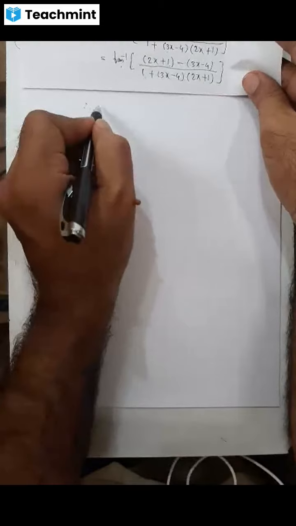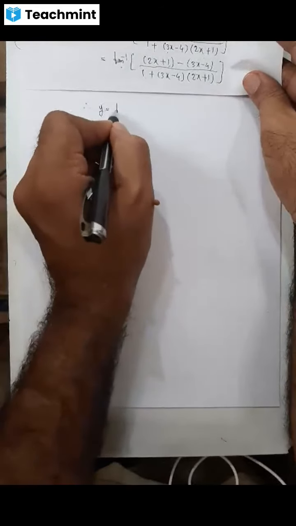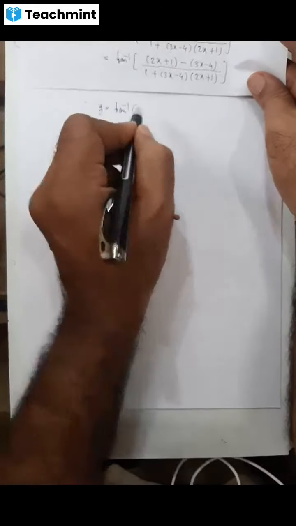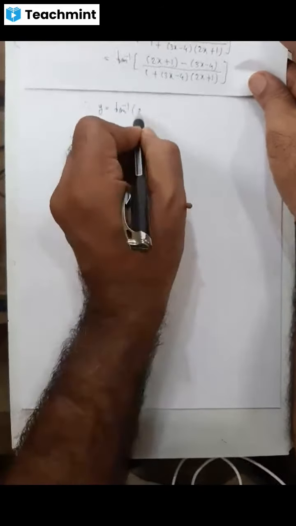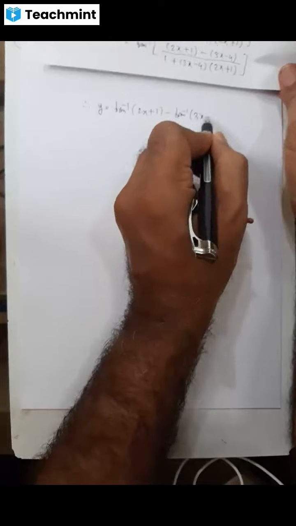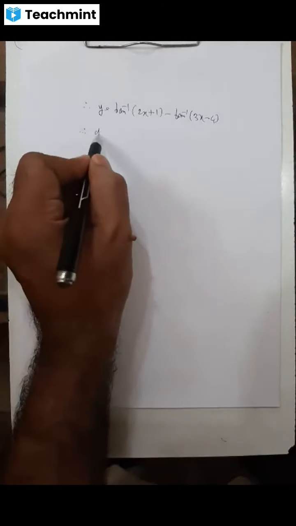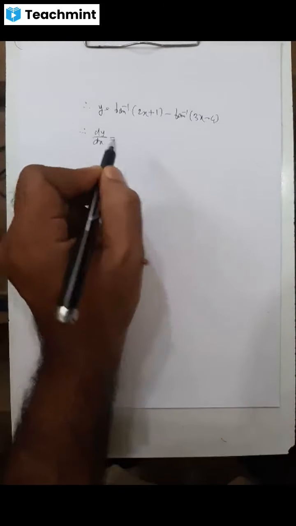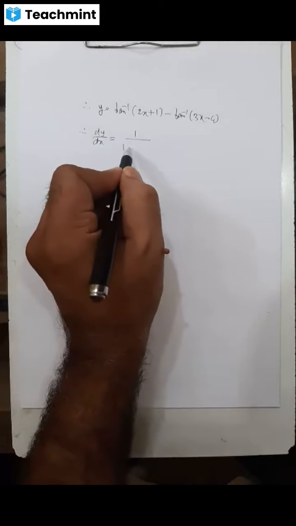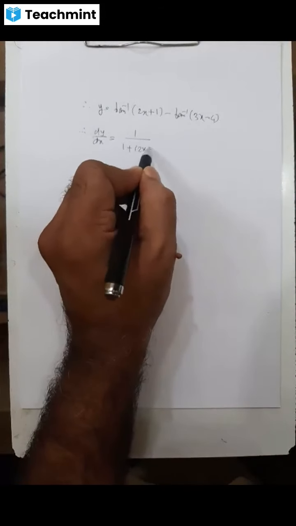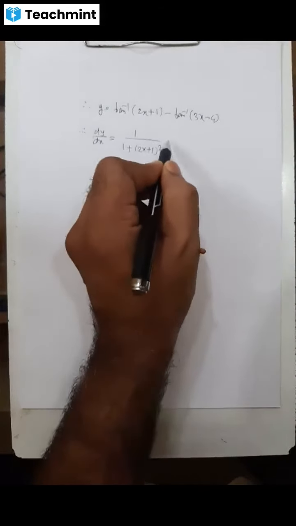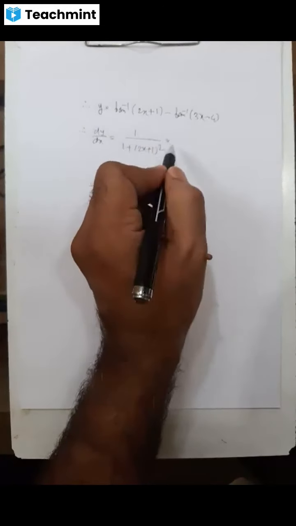So what we get here? Therefore, y equal to tan inverse (2x plus 1) minus tan inverse (3x minus 4), where a means 2x plus 1 and b means 3x minus 4. Now you can take the derivative. dy by dx is equal to derivative: 1 divided by 1 plus (2x plus 1) its square, and multiply by the derivative of 2x plus 1, that is 2 only.